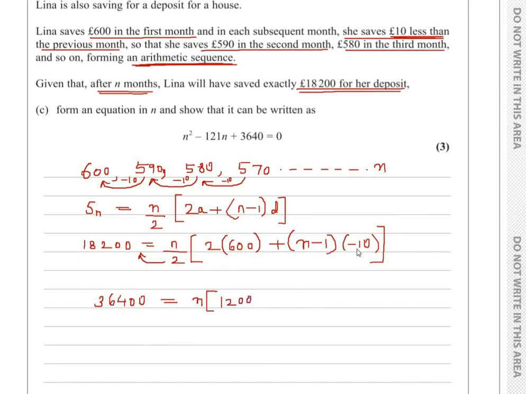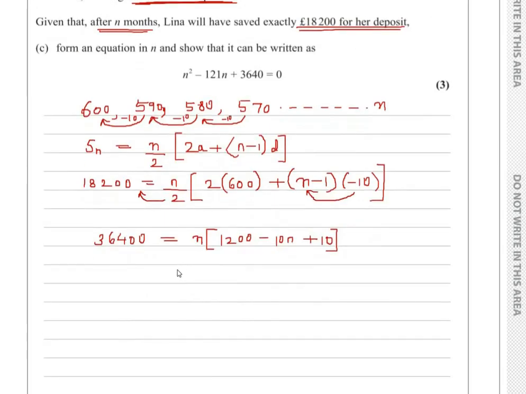Now negative 10 multiplied with n and distributing gives us negative 10n, and negative 10 with negative 1 gives us plus 10. Now we get 36,400 equals n times, 1200 plus 10 gives us 1210 minus 10n.